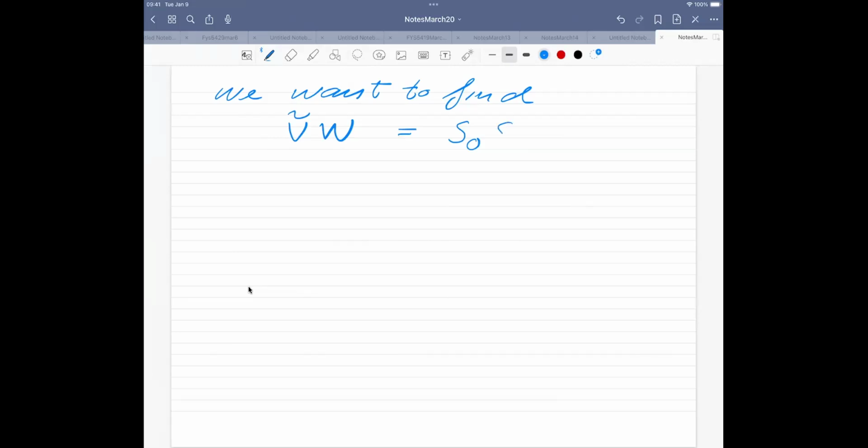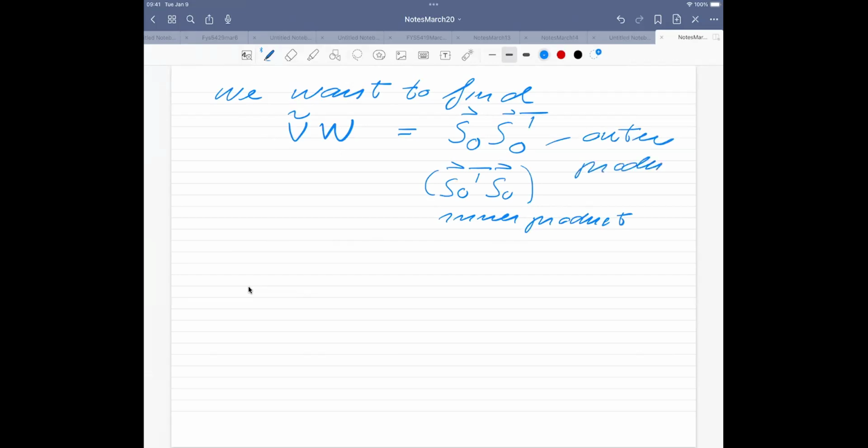So we want an orthogonal set of vectors like this. I can write S0 transpose times S0; these are vectors now. This is an inner product, and this is an outer product.